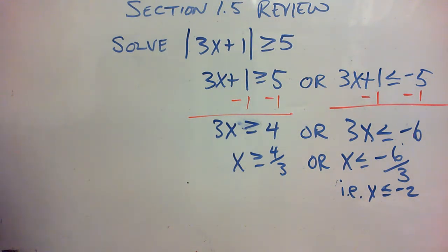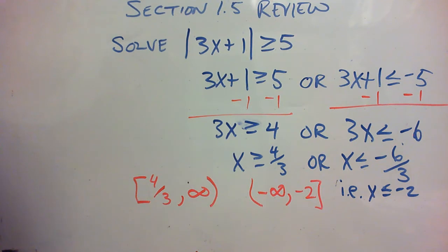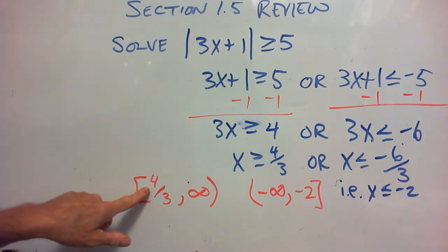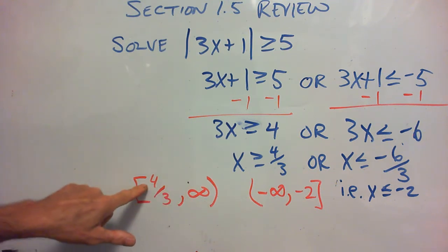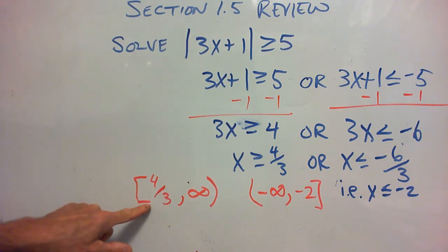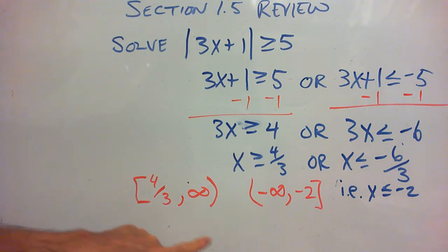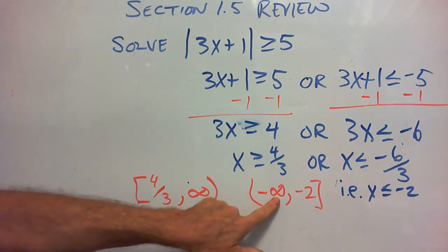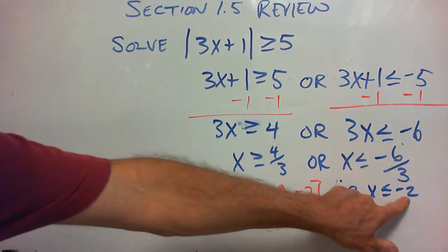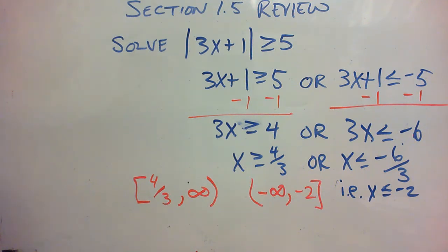Now, if we want to write the interval notation for this, we have two intervals. One goes from 4/3 up to infinity, and we include the 4/3, so we use the square bracket. The other interval is from negative infinity up to negative 2, because x is less than or equal to negative 2.